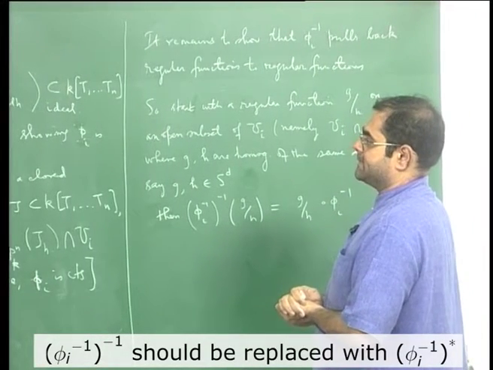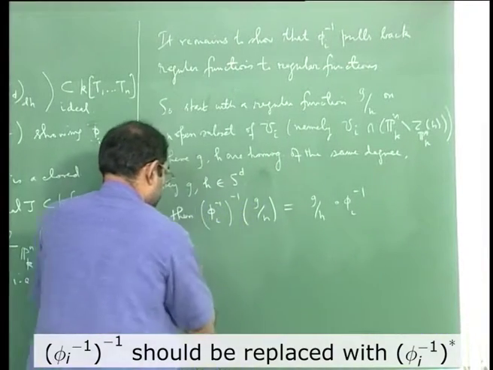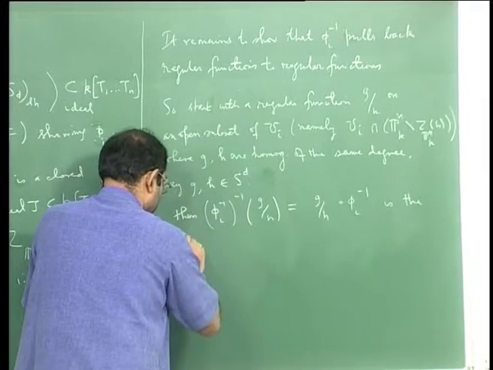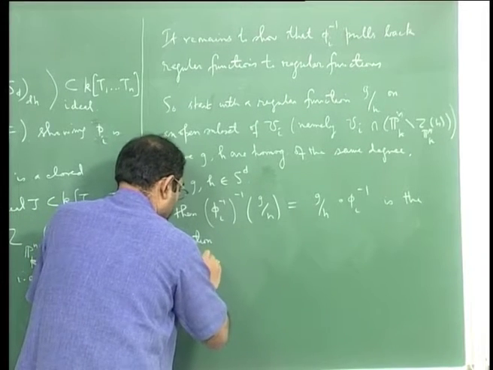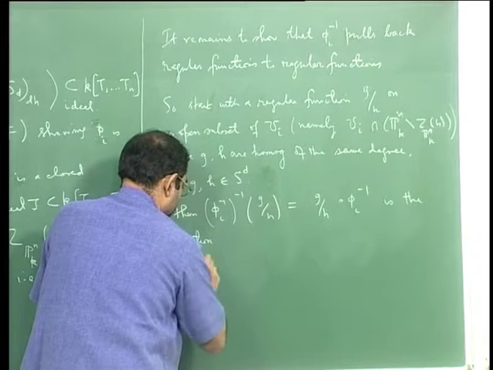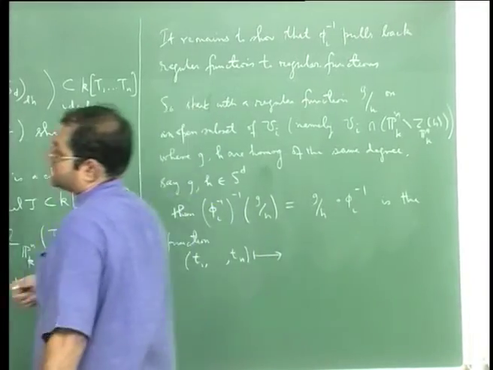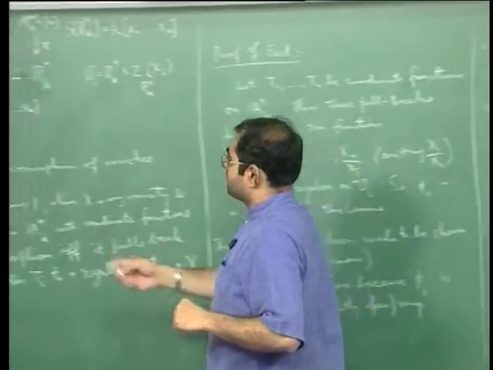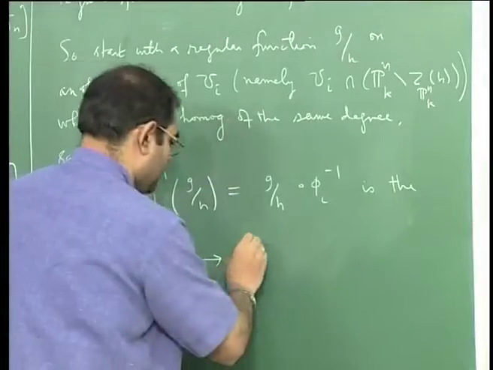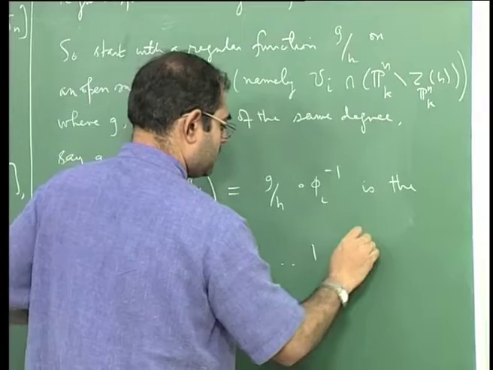and if you write it out, it is the function: if you give me a point with coordinates t1 etc. tn, I am supposed to apply phi inverse to it. So the point to which it will go is t1, ..., 1, ..., tn.